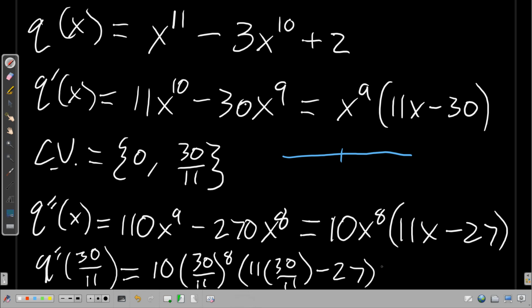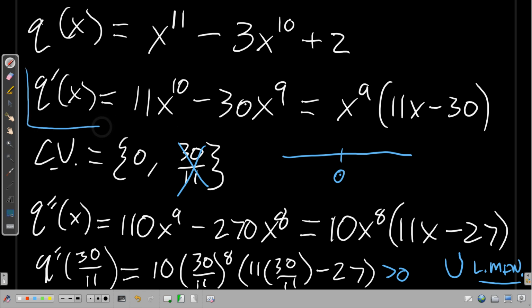So this is positive, so it's concave up, which means we have a local minimum. And the question is asking us for local maximums. So a local maximum will not occur here. Well, then we have to backtrack up to our first derivative and look at the sign chart for it.